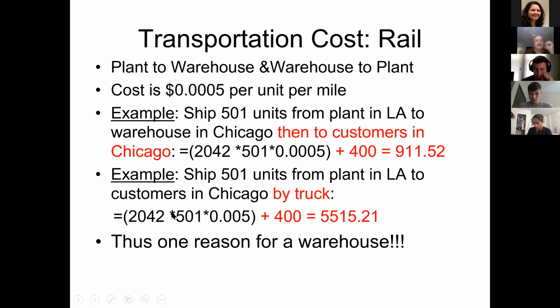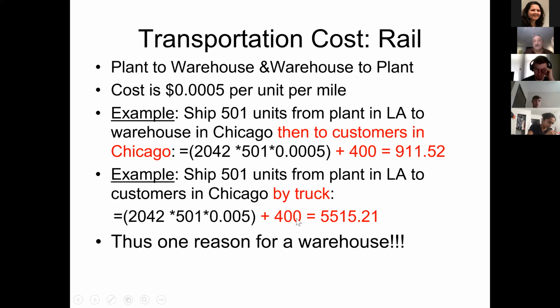Well, no, you would replace this number here with another 0. So this would go down by a factor of 10. But you still have to pay to distribute from the warehouse in Chicago to the customers in Chicago.